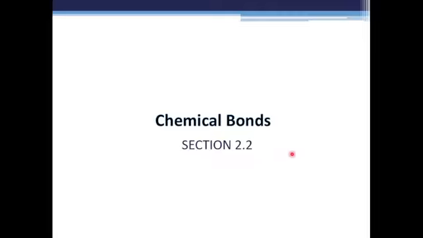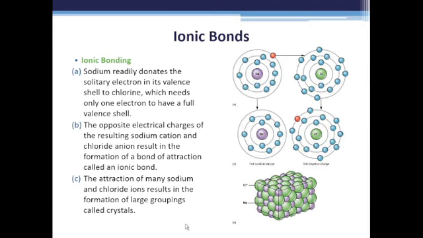The objective for this section is to focus on the four major types of chemical bonding interactions, which are ionic bonds, non-polar covalent bonds, polar covalent bonds, and hydrogen bonds. Each one of them plays a critical role in the structure and function of the human body. Let's start our lesson with ionic bonds.